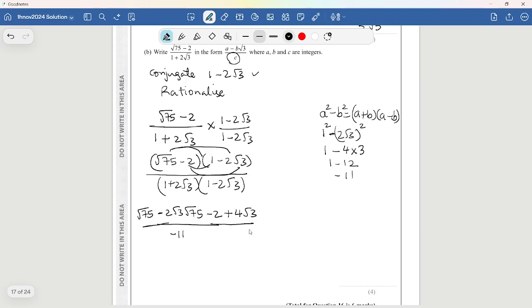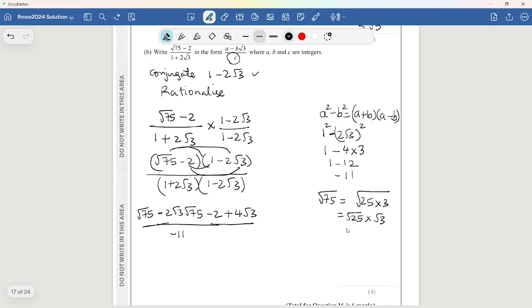Now, how can we simplify this? We can do something to root 75. So if I take root 75, you can express root 75 as 25 times 3, because 25 times 3 gives you 75. And you can split this and write it separately as root 25 times root 3.